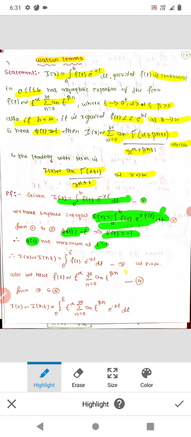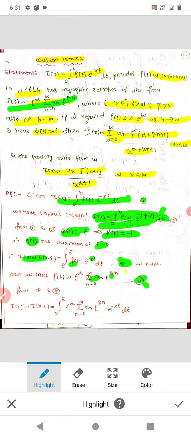Therefore, I of x is approximated to I of x comma epsilon, the integral from 0 to epsilon of f of t e to the power minus xt dt. Taking this as equation number 3. And in the theorem itself, we are given f of t approximated to t to the power alpha summation n equals 0 to infinity a n t to the power beta n, taking equation number 4.